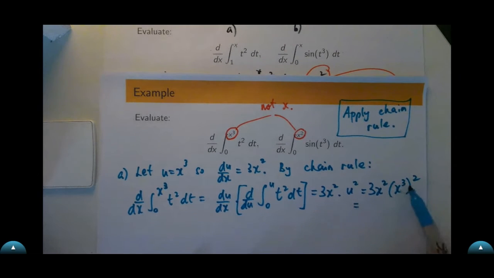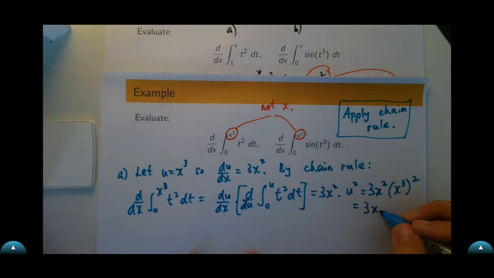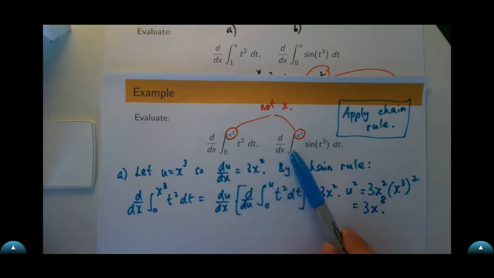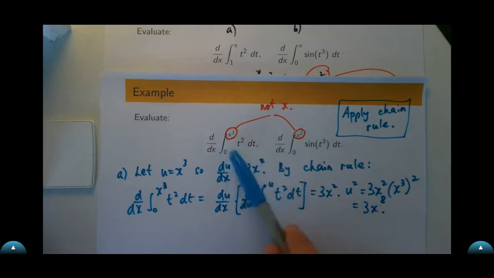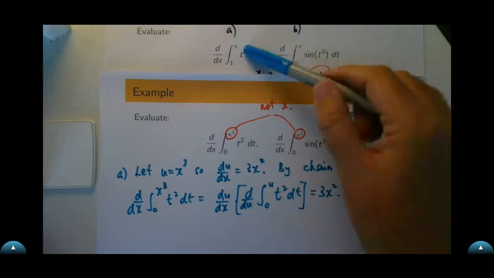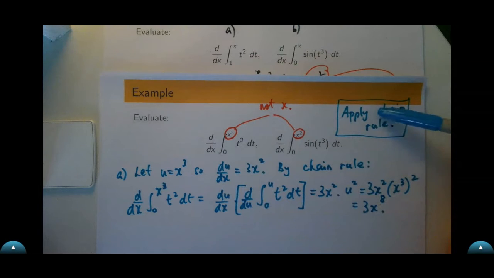Okay, so now it's just a matter of simplifying that. So it's going to be 3x to the power 8. Okay, so that's a little bit harder now because we've got one constant in the lower integral sign and then functions of x, not just plain old x. So the chain rule is a good place to start there.